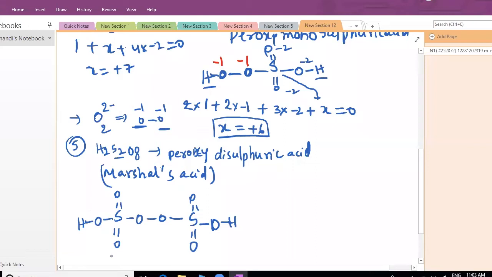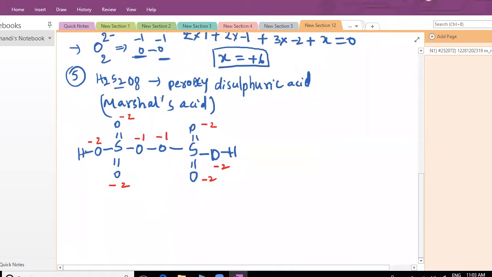This is also -2, no peroxy bond. But here -1 because of peroxy bond. Anything doubt here? Please look into the structure. We'll do that one, sir, today.